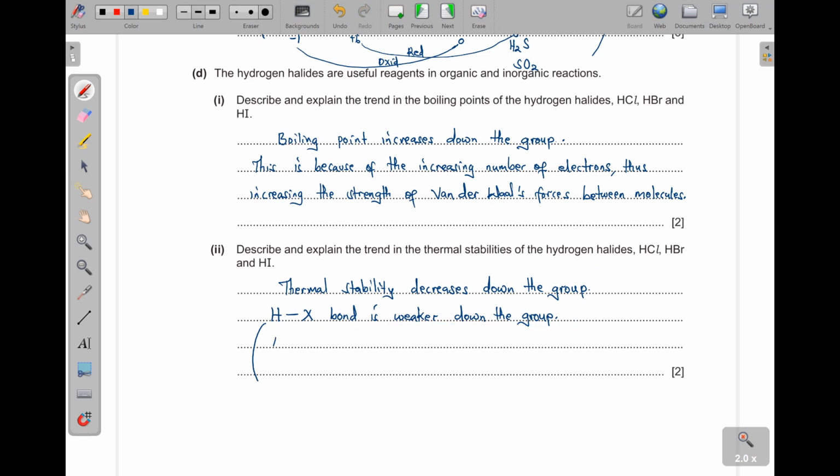There is decreased nuclear attraction to the bonding electrons, of course by the nucleus, in this bond, due to stronger shielding.